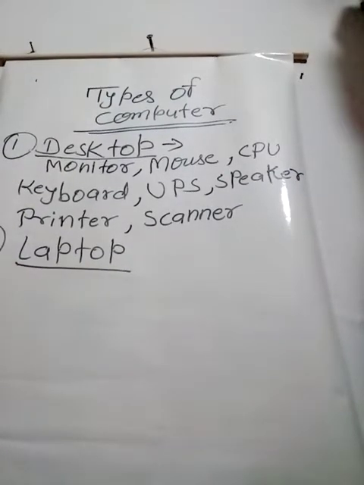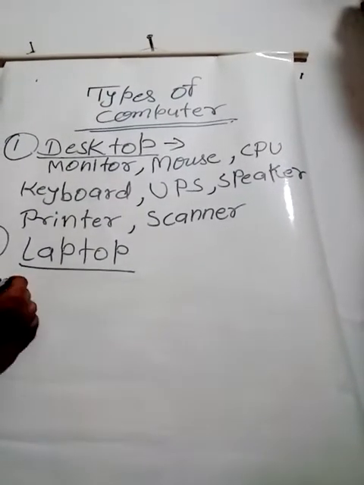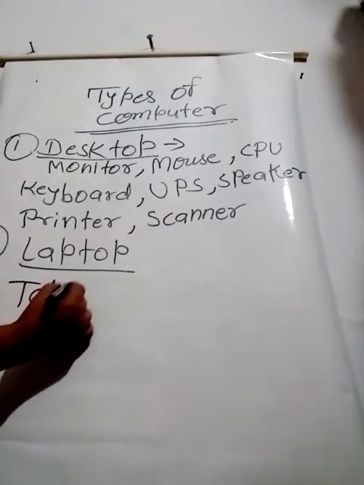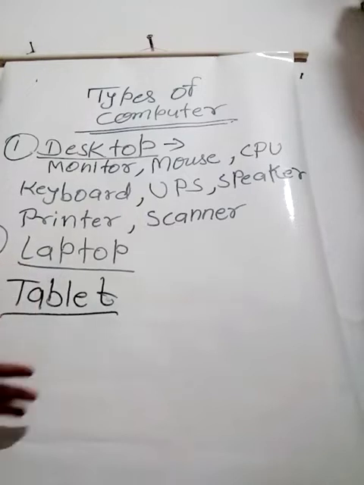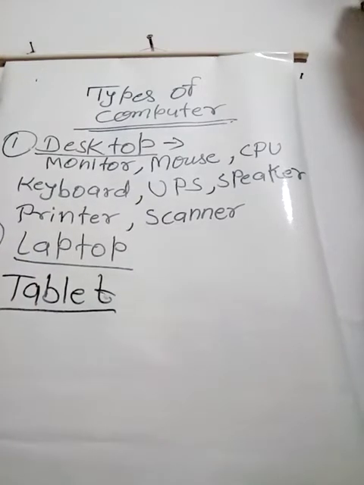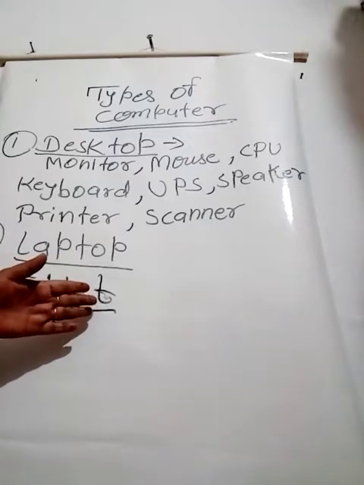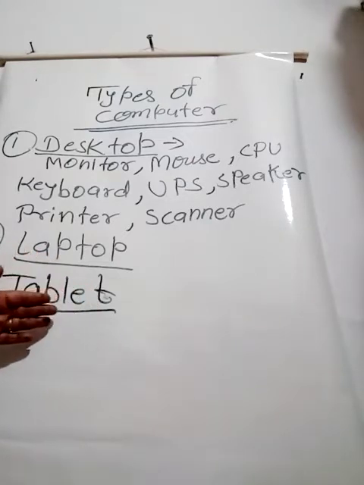The next type of computer is the tablet. Tablets are smaller computers which are very handy and help us to compute, make calls and send messages like a smartphone. Nowadays all of you are aware of the word tablet.